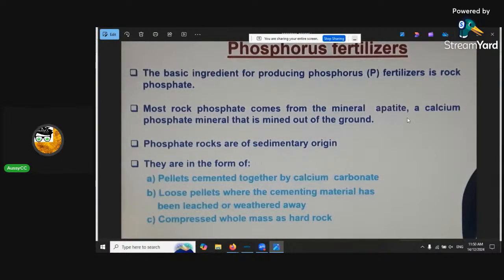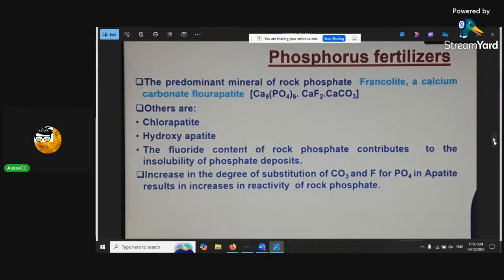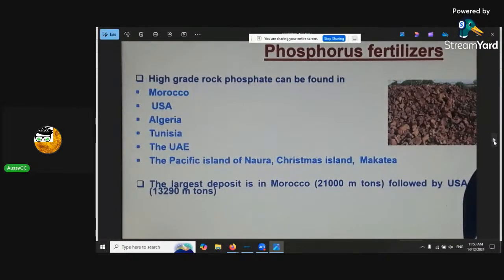Phosphorus fertilizers: rock phosphates, other types too. The largest deposit of phosphorus for fertilizers is in Morocco, followed by the USA.